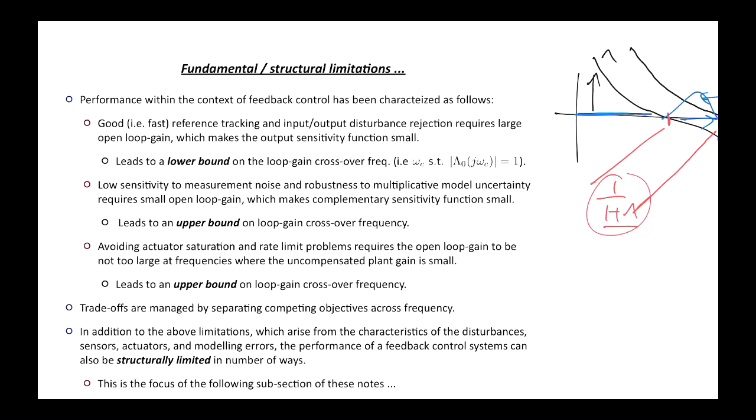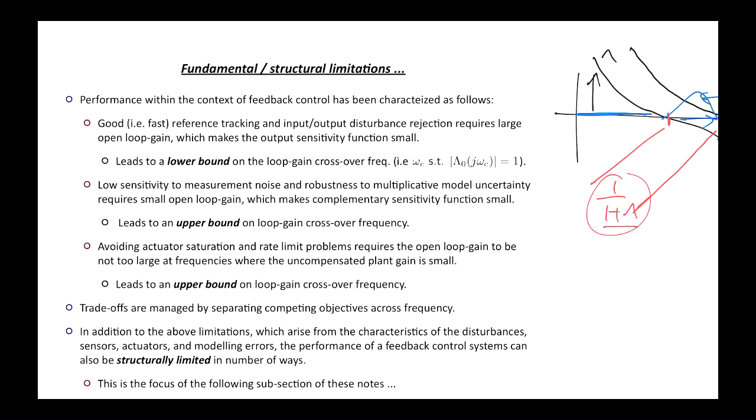Or you buy a new sensor to make sure that the measurement noise is at a frequency beyond where the reference has most of its energy or where the output disturbance has most of its energy, okay? So, you might not naturally be able to separate these things, right? But by investing more effort in modelling or buying different sensors or different actuators, you can often separate these competing objectives across frequencies. All right.